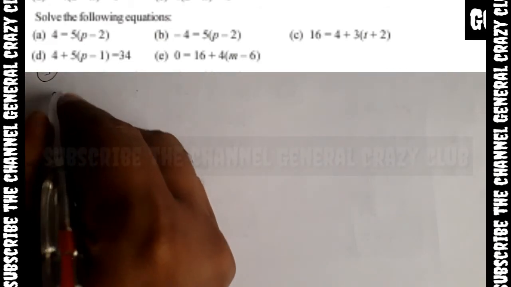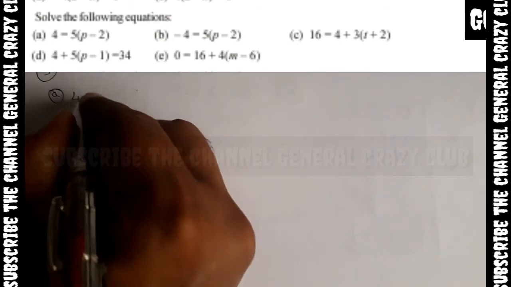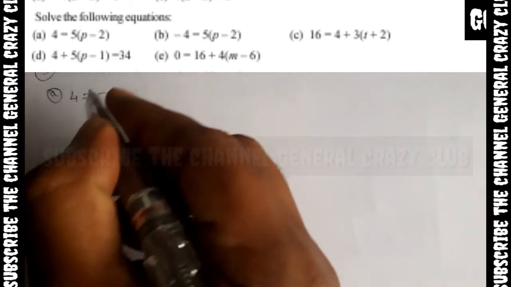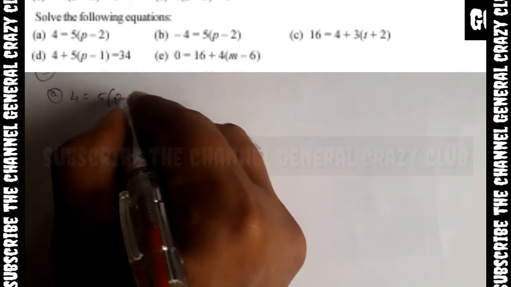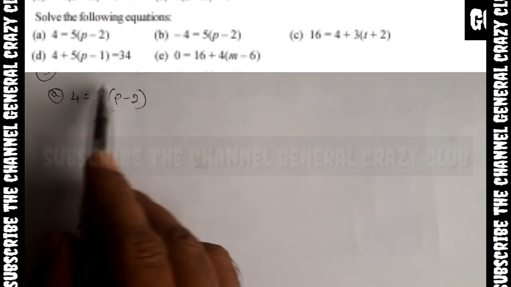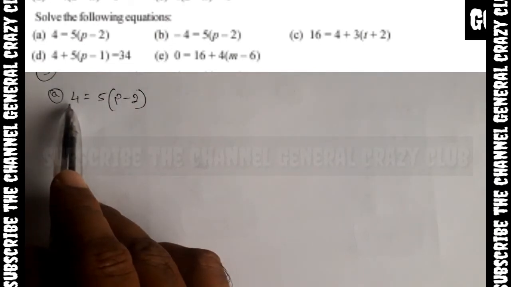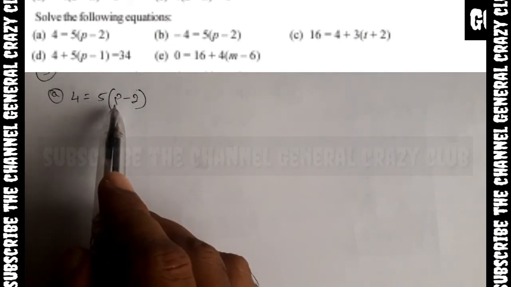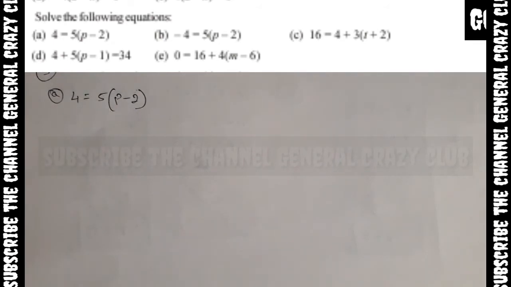The third one, solve the following equation. Third one A: 4 equal to 5 bracket p minus 2. In that equation, this is on the left hand side, this is on the right hand side. We are making a little bit of change.